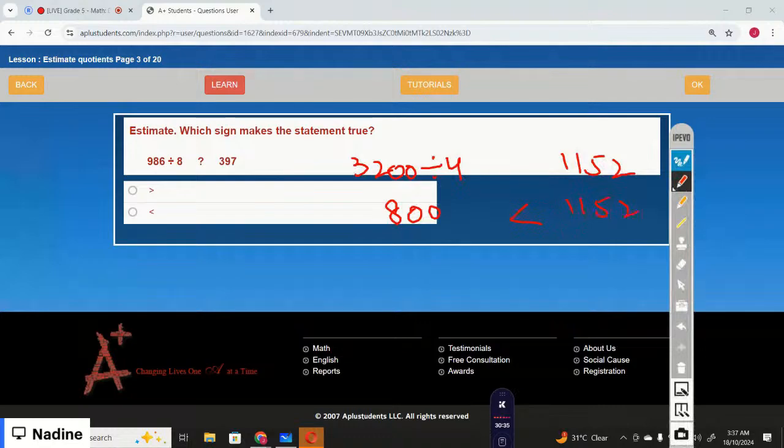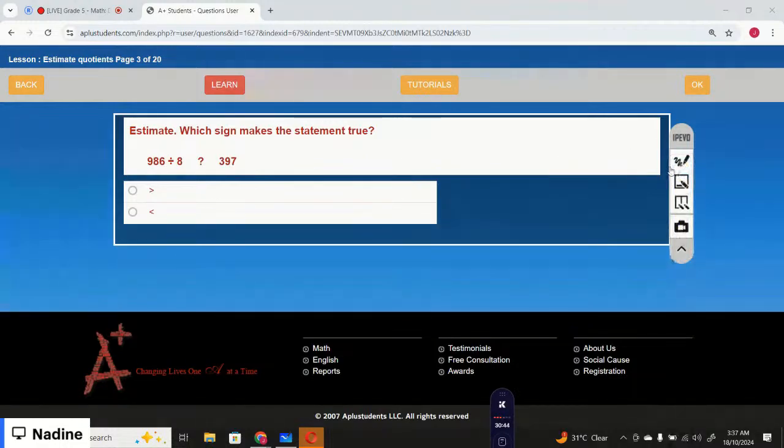So 800 divided by 8 would be 100. 100 is less than 397. Option number 2 is the correct option. That would be less than.